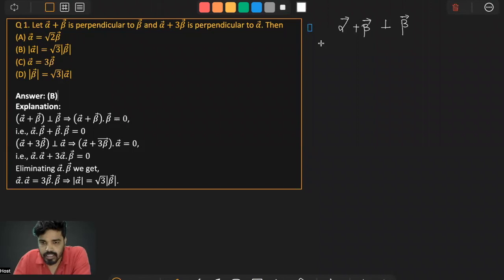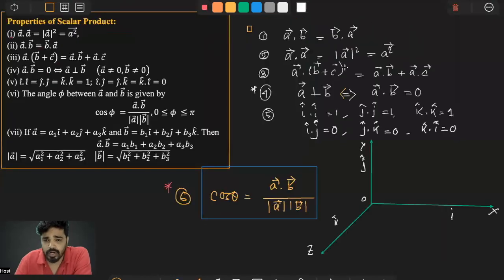And it is given that alpha plus 3 beta is perpendicular to alpha. These two are given. Then which one of the following is true? Just apply this property. A is perpendicular to b, that means a dot b is equal to 0.